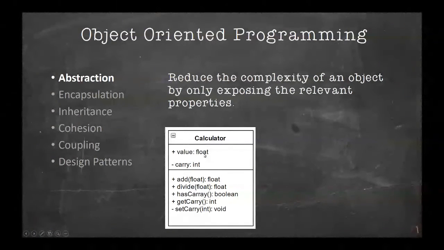Value we've made public, more for the point of example, with a plus sign, and negative means it's private. What we are exposing down below are known as the methods. And the pluses mean that it's public to the user, minus is more information for the library implementer. So the goal here is that what I haven't defined is how I've coded add, how I've coded divide, etc. So if you are saving values inside and you're using a linked list, you wouldn't mention that in this case. You want to keep it completely abstract.